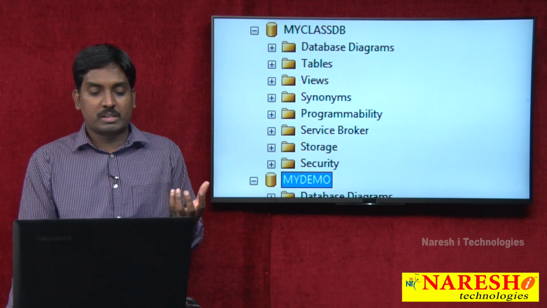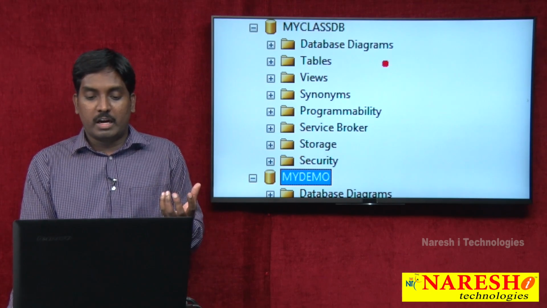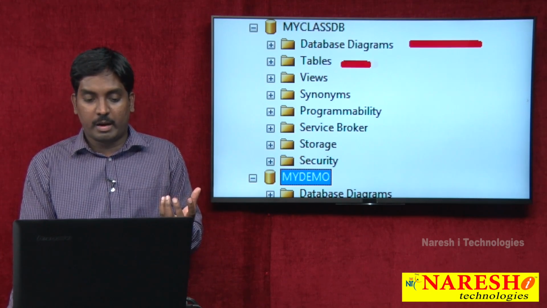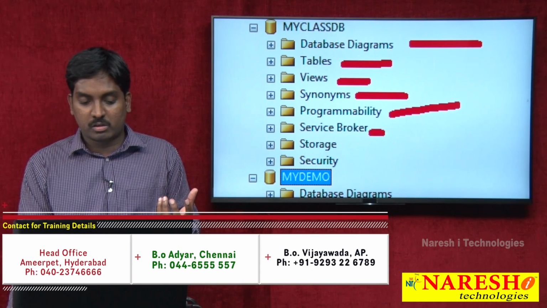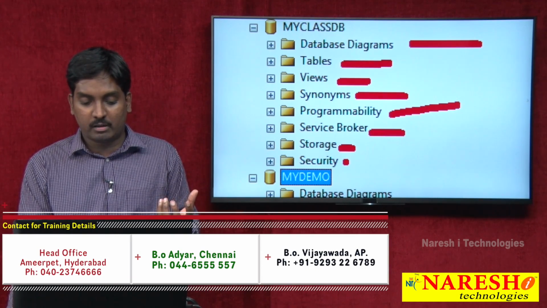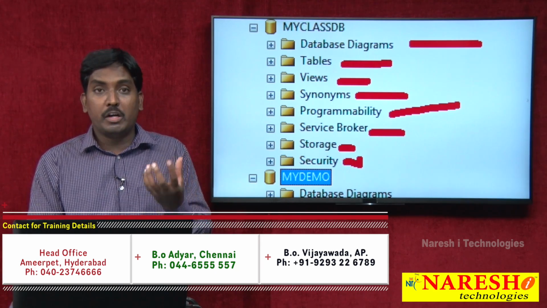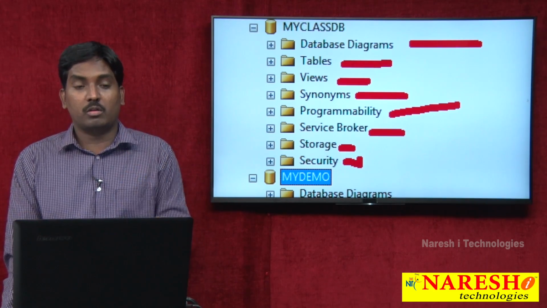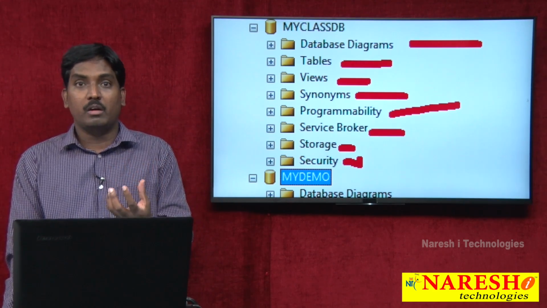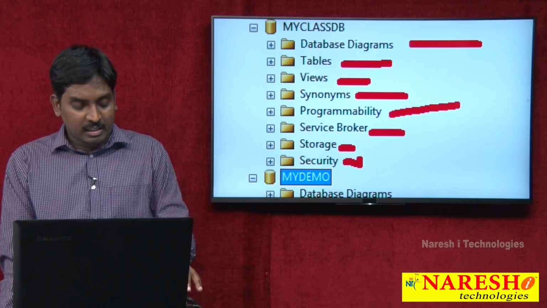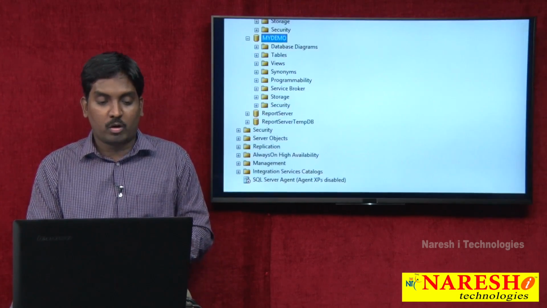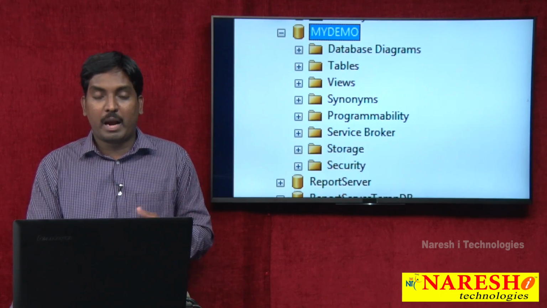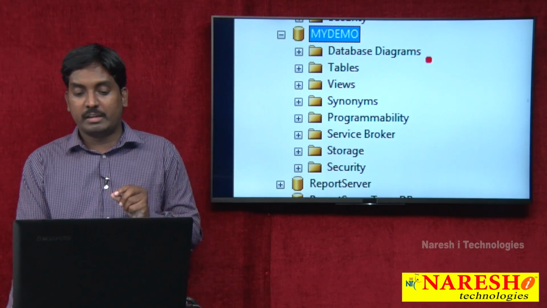Which options are there here? We can see database diagrams, tables, views, synonyms, programmability, service broker, storage and security. The same options you observed in my class DB, which was created through a query, are also there in the database created by GUI. So now we can see my demo. Are the same options there or not?